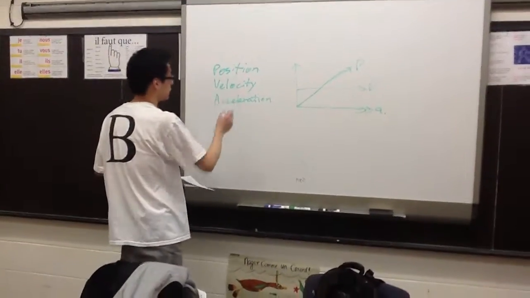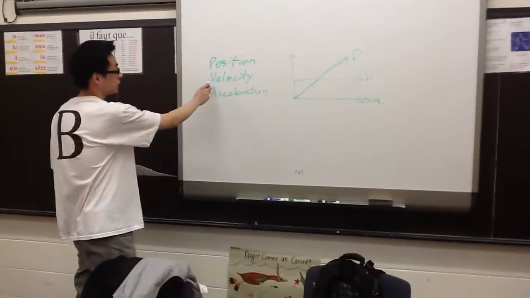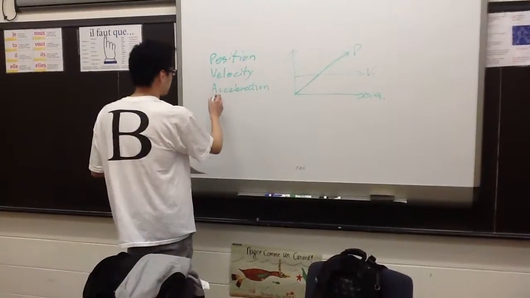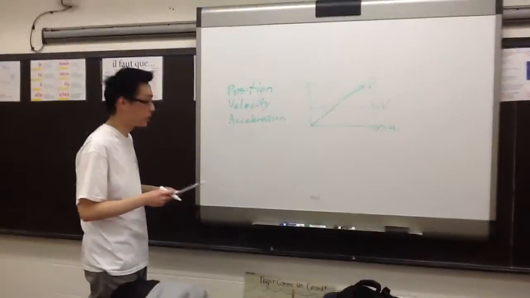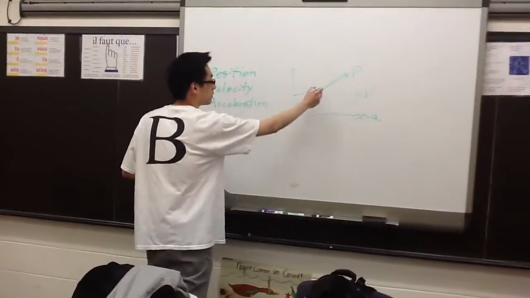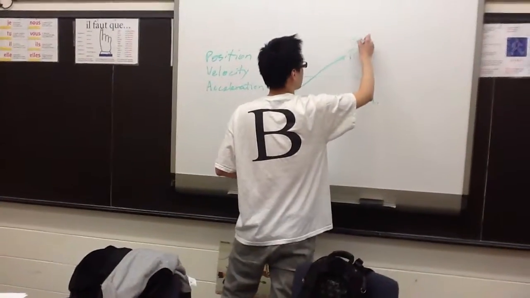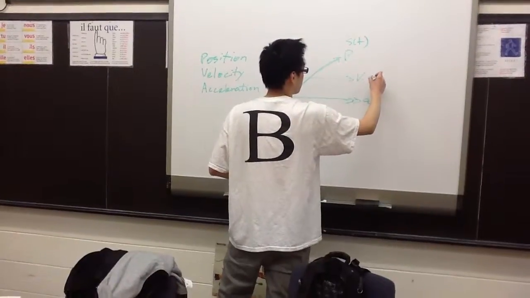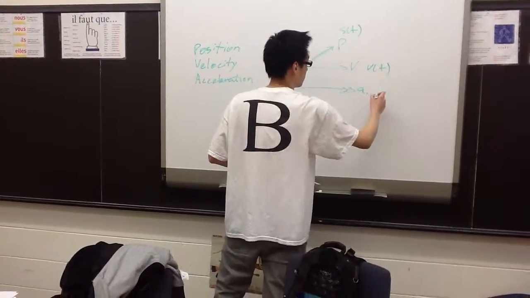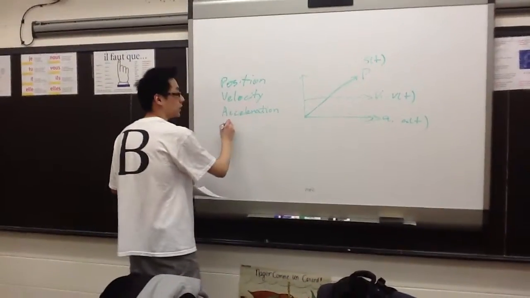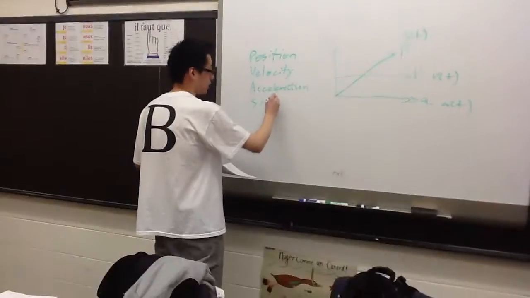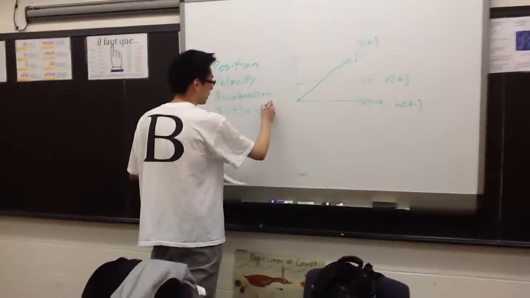The relationship between the velocity and the position is that the derivative of the position is the velocity. So if this function is s(t), then this is v(t), and this is a(t). s(t) equals s.